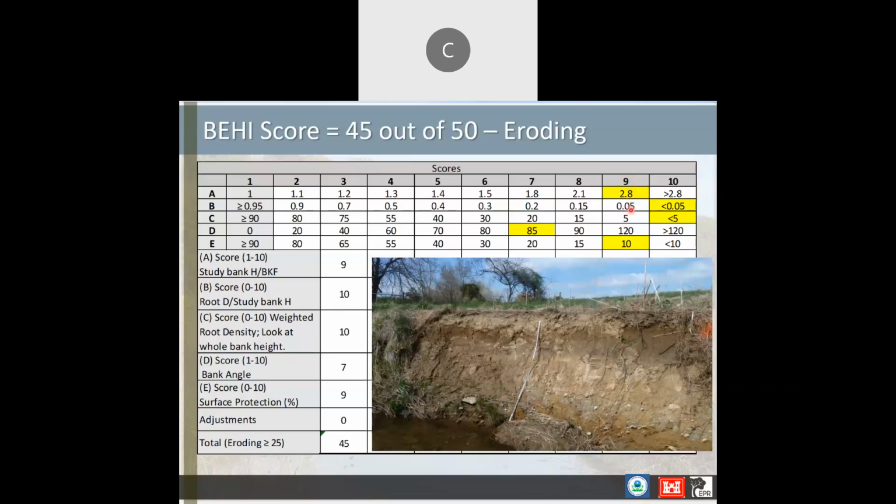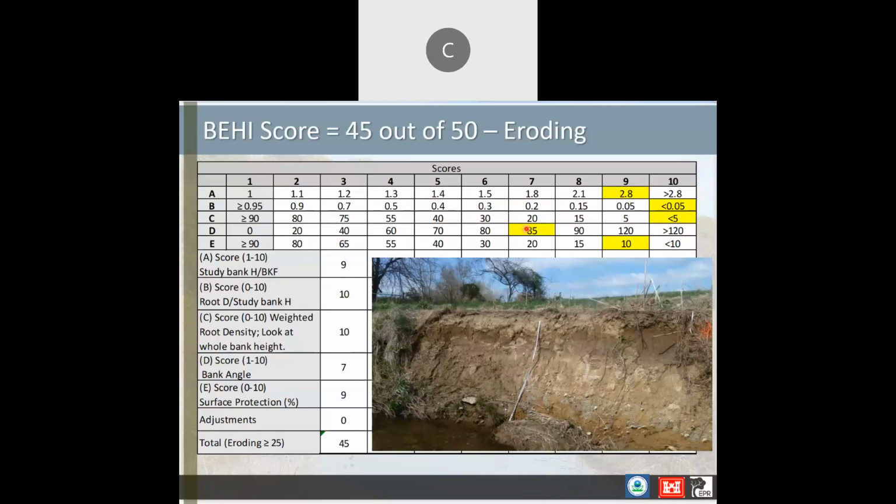For this bank, the study bank height was around 2.8 times the bankfull height, so it yielded a score of 9. The root depth was less than 5% of the bank height, so that scored a 10, and I recorded a score of 10 here.